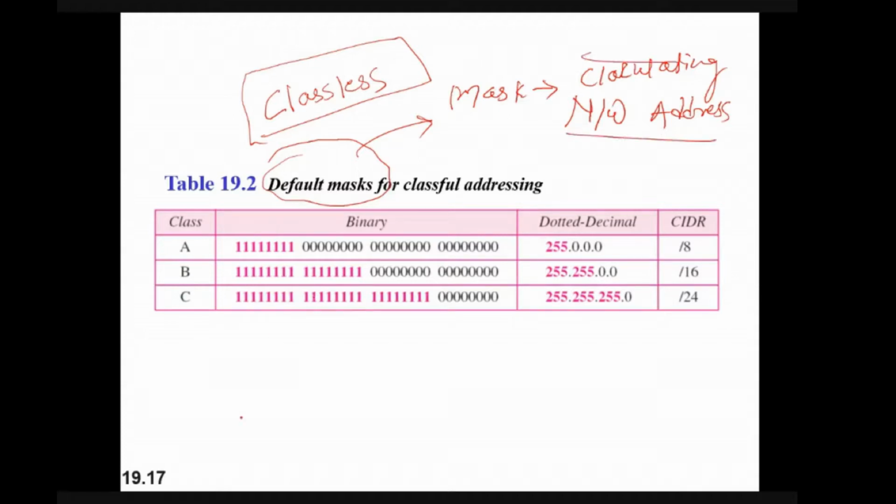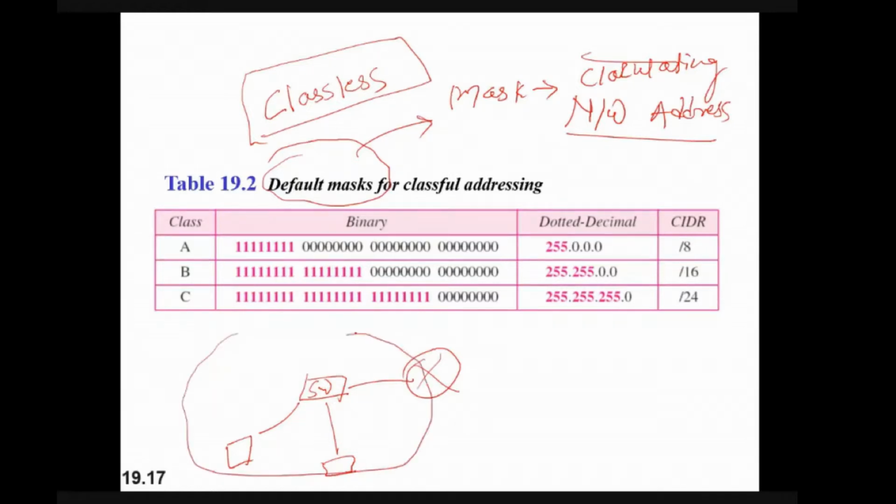For example, say there is a switch, and some computers are connected to this switch. This switch is connected to a router. So this is one network; let us name this network 1.